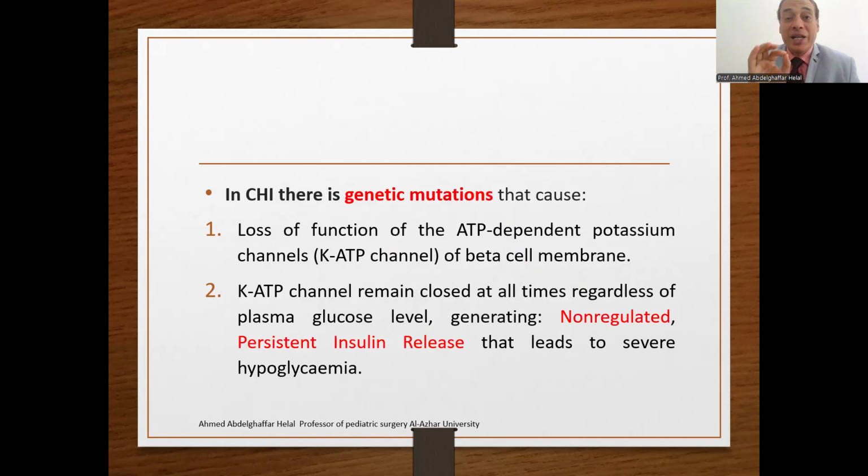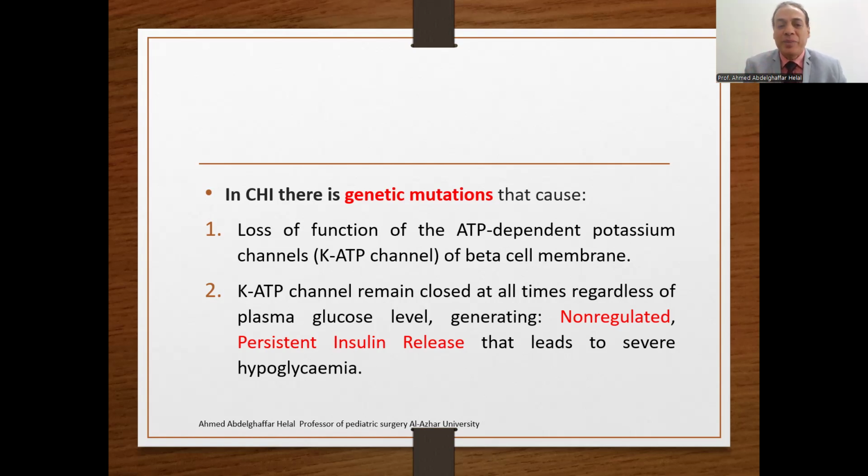Let's see. In congenital hyperinsulinism, or hyperinsulinism of infancy, there is a genetic mutation that causes loss of function of the ATP-sensitive potassium channel of the beta cell membrane. So this gate will close all the time, accumulating potassium inside, depolarization, opening the calcium channel, insulin secretion.